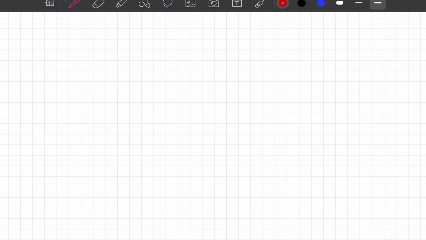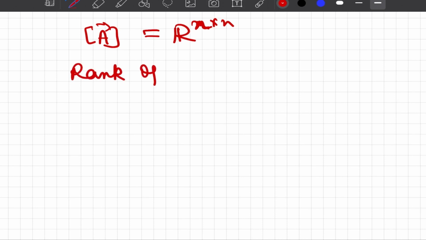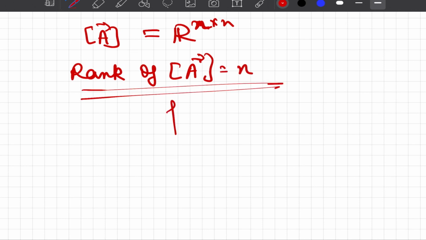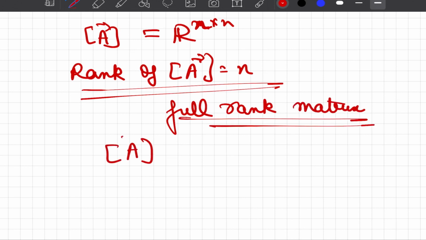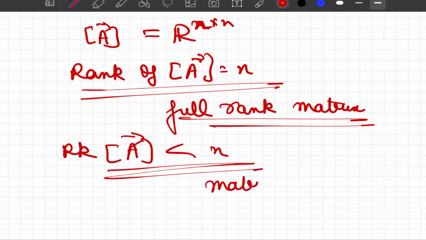Similarly, there is another important use of this rank. For example, if we have a square matrix A of size n cross n, and the rank of A is equal to n, then our square matrix is a full rank matrix. However, if the rank of A, which is often denoted by rk(A), is less than n, we say that our matrix is rank deficient.